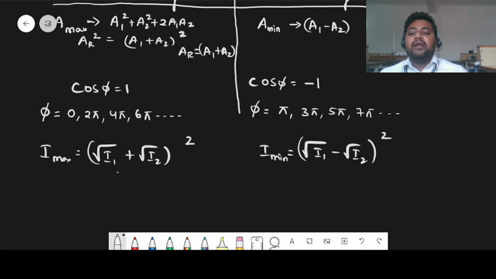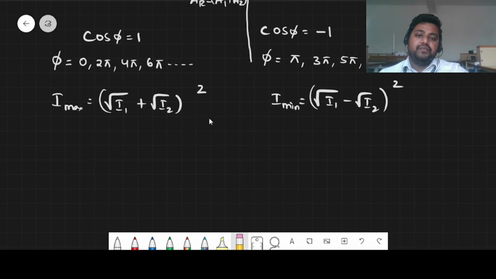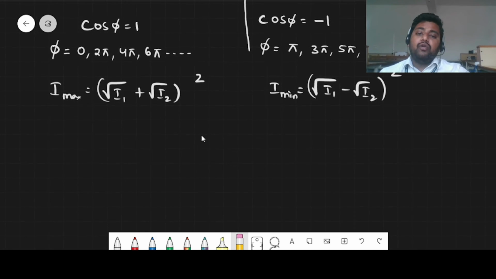We get this directly by substituting in the original formula, I1 plus I2 plus 2 root I1 root I2 cos phi. In that cos phi we have substituted 1, you will end up with this equation. Now, I hope you understood at what angles you will have constructive interference and destructive interference.